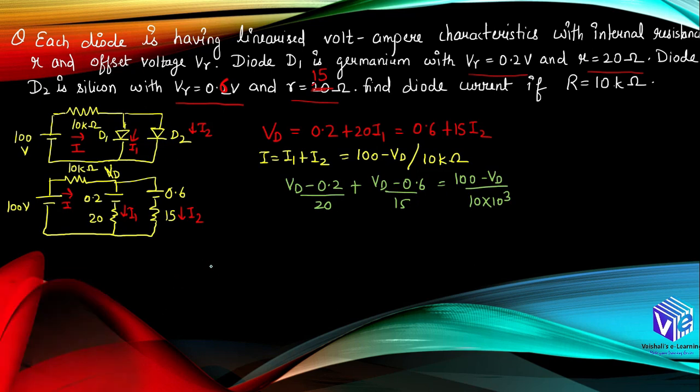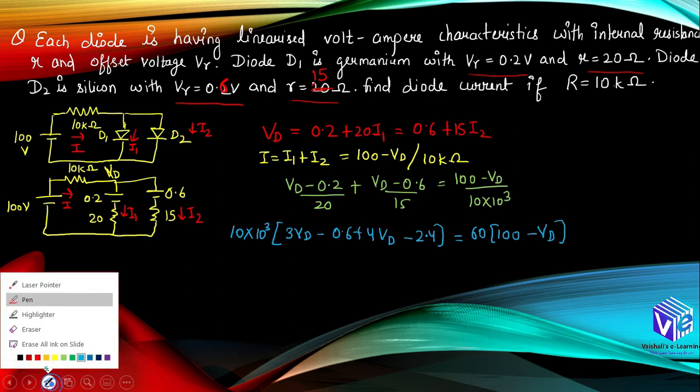So we can simplify this equation and we will have 10 into 10 raised to power 3 times VD minus 0.6, plus 4 VD minus 2.4, equal to 60 into 100 minus VD. So this is a linear equation. The only variable is VD. You can simply find out VD from this equation.